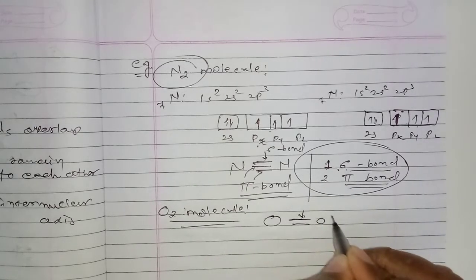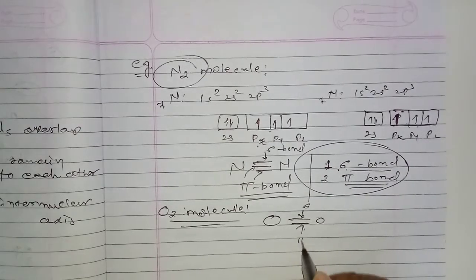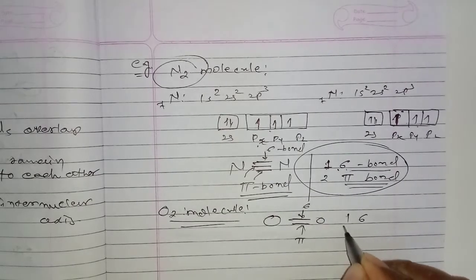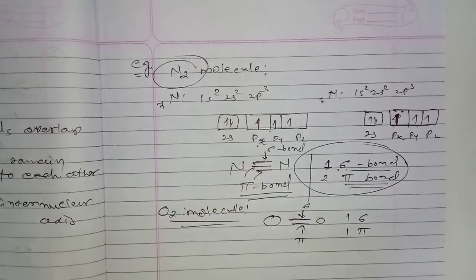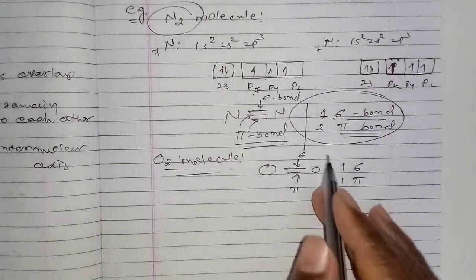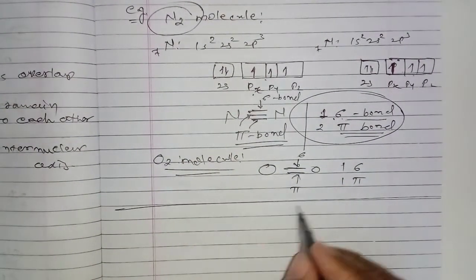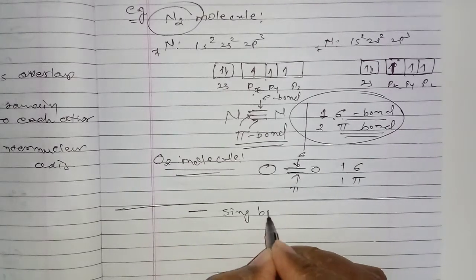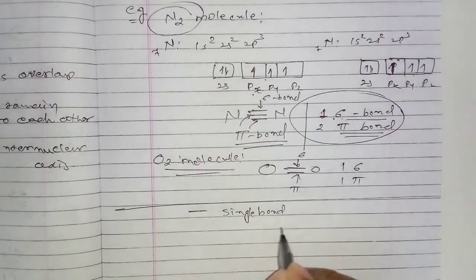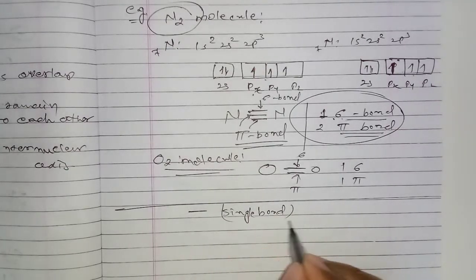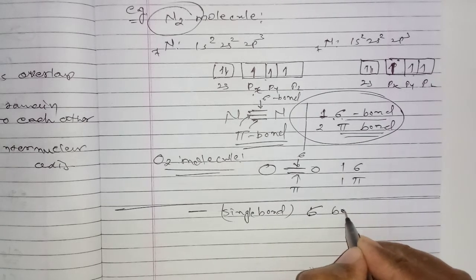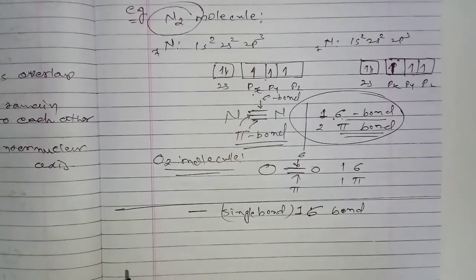So one is sigma and the second is pi. One thing to keep in mind: whenever only a single bond is formed, it is one sigma bond.